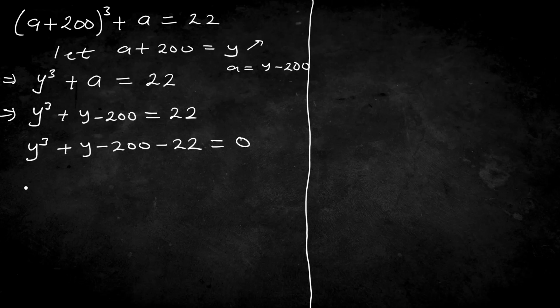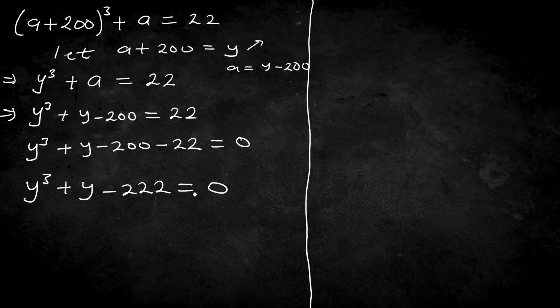So this one will be y cube plus y minus 222 equals 0. Now this becomes a simple polynomial.